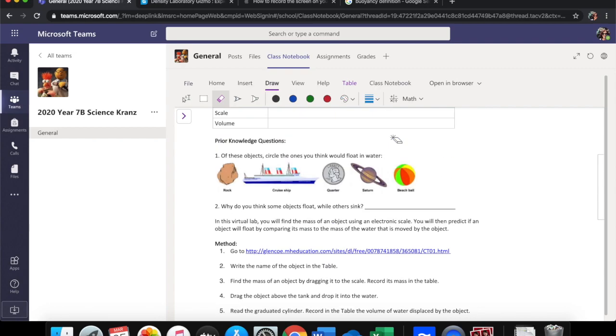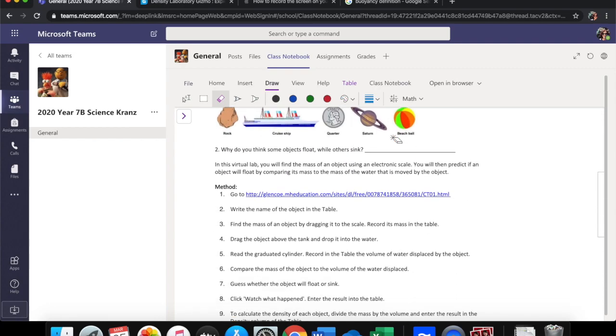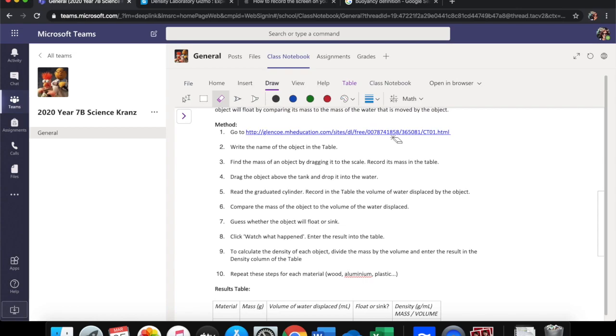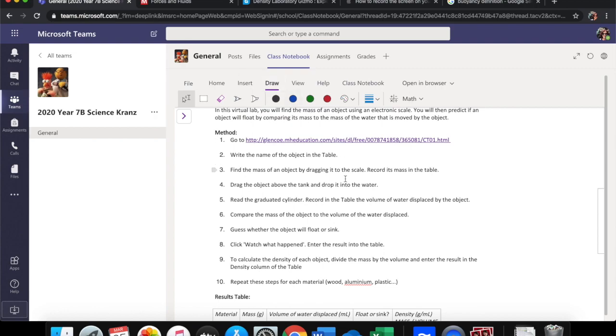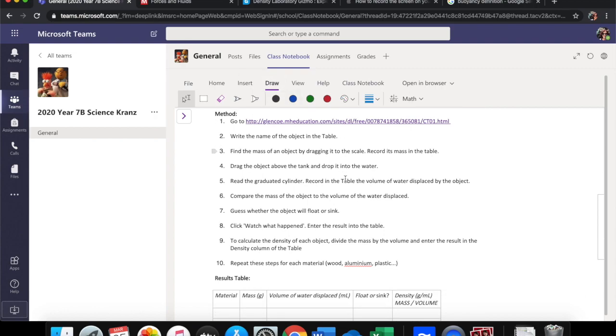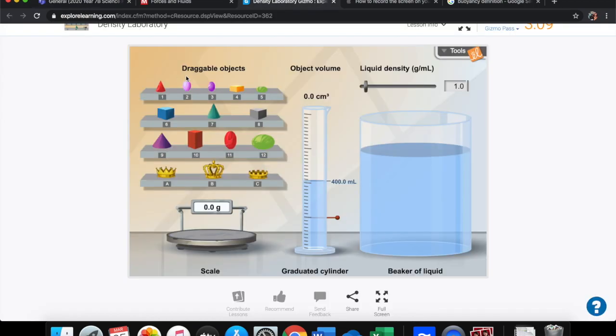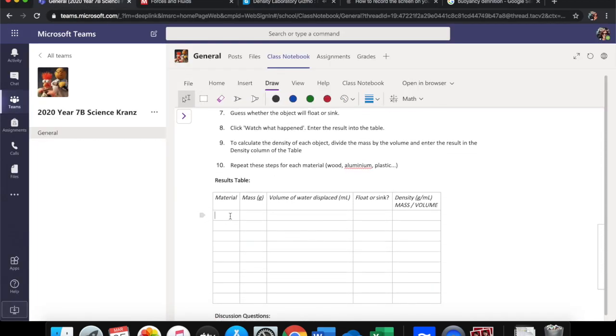Okay, so we're going to this website. Write the name of the object in the table. So we're starting off with the small red cone.